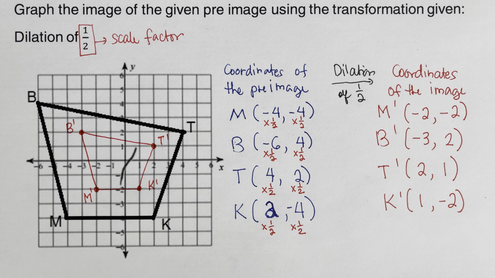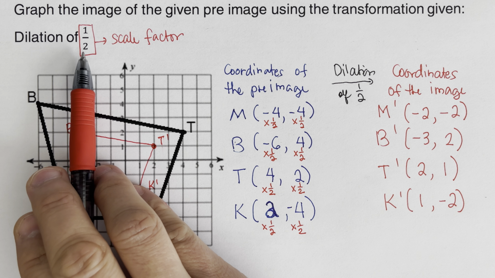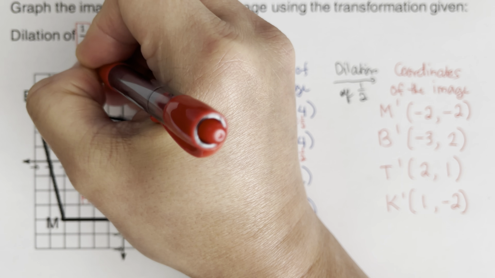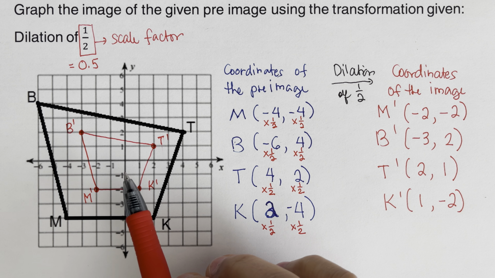We remember that if the scale factor is less than 1, the figure is reduced. So in this case right here, since our scale factor is 1/2, which is pretty much equal to 0.5, which is less than 1, that's the reason why our image was reduced into its smaller version.